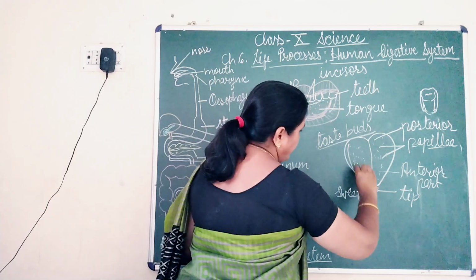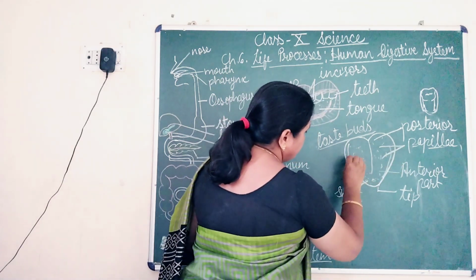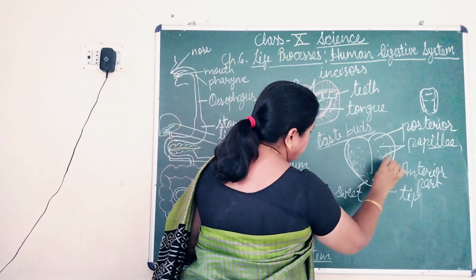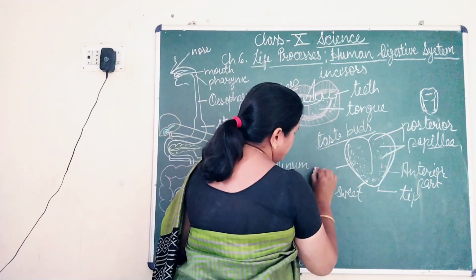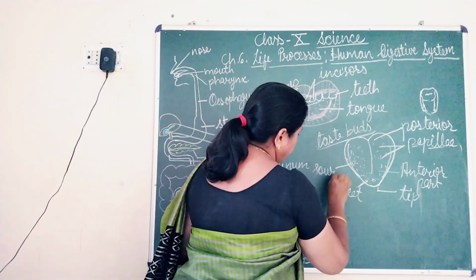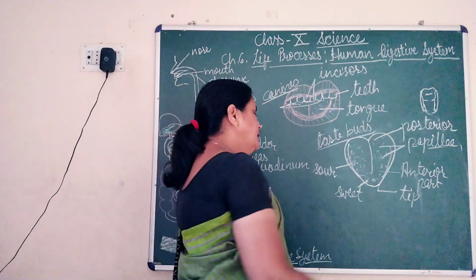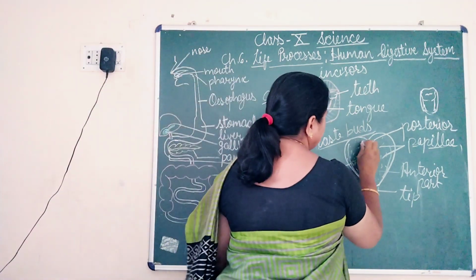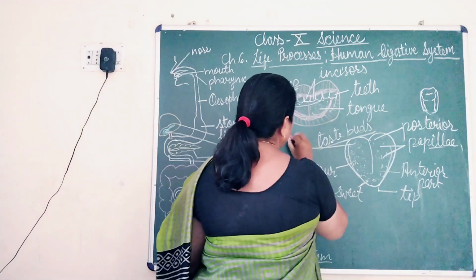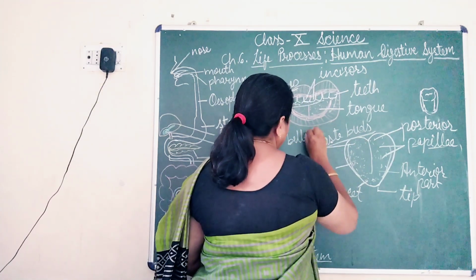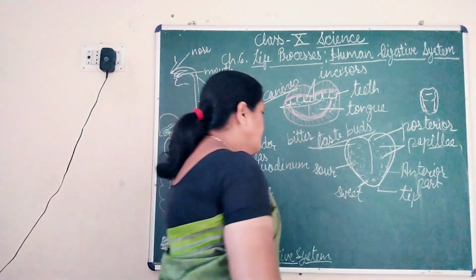Then here on both sides, there are taste buds for sour taste, khatta, and at the back there are taste buds for bitter taste, that is karwa.